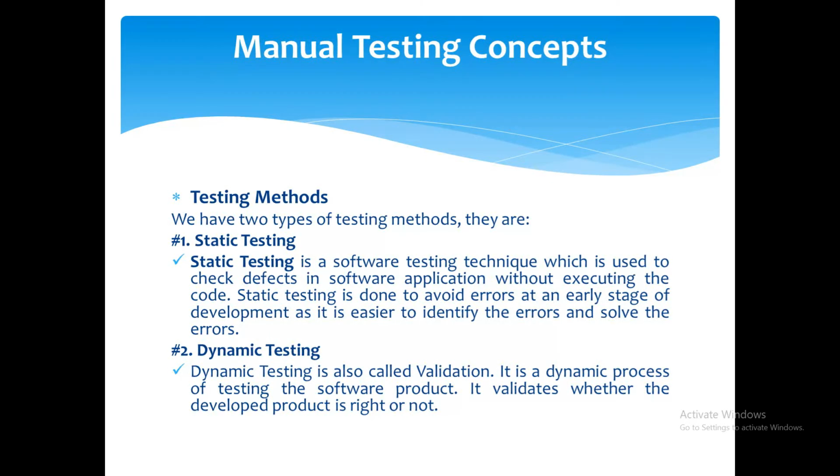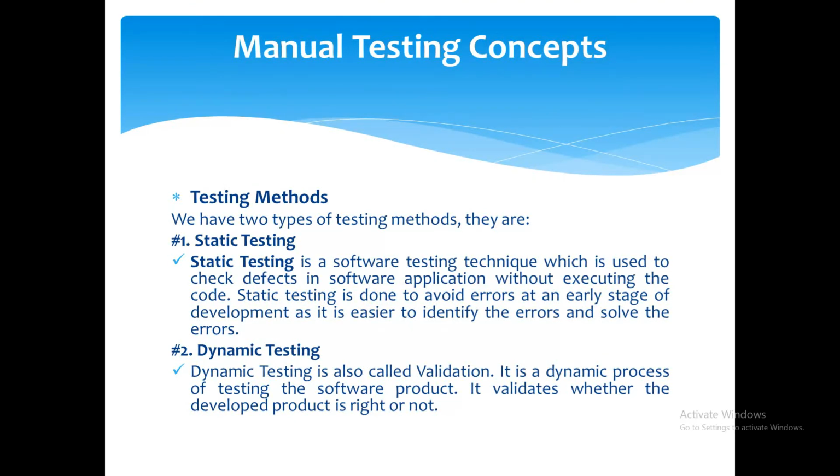Static testing is a software testing technique used to check defects in the software application without executing the code. Static testing is done to avoid errors at an early stage of development, as it is easier to identify and solve the errors. This is known as static testing.